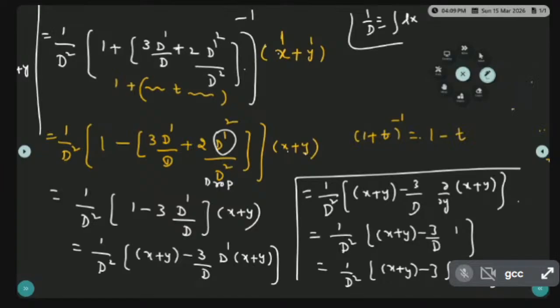With respect to y, x plus y derivatives are 0. Yourself, where are you concentrating?